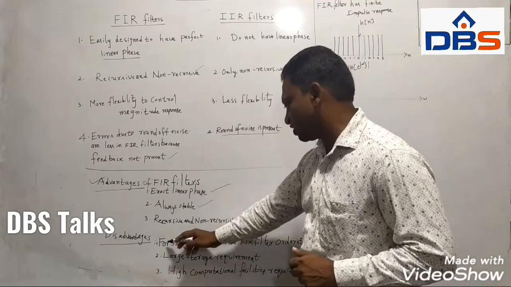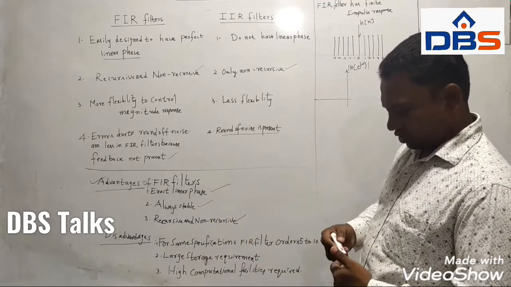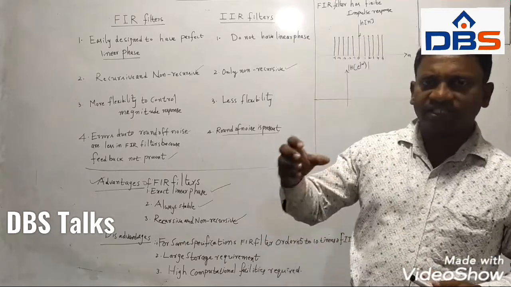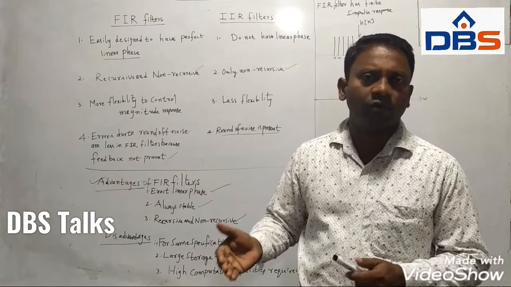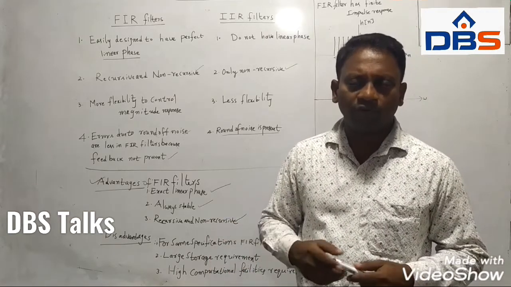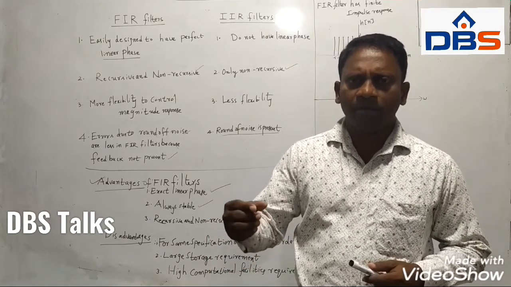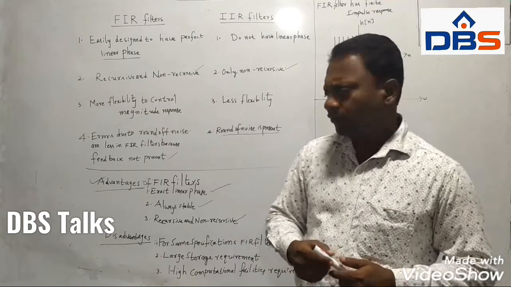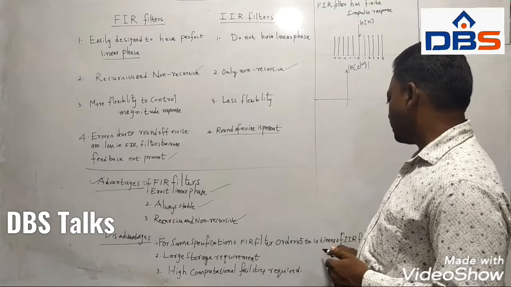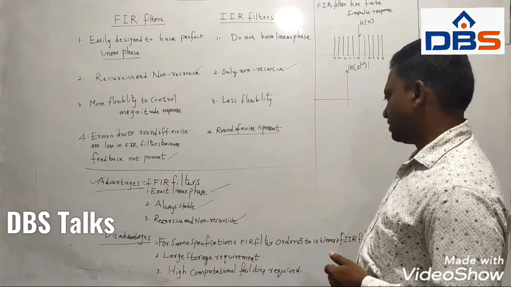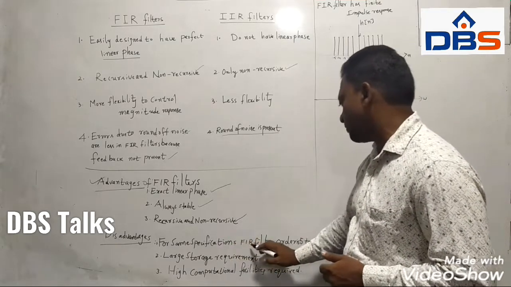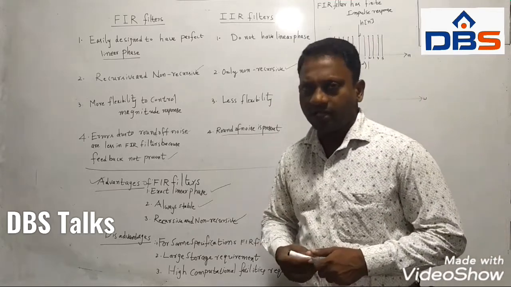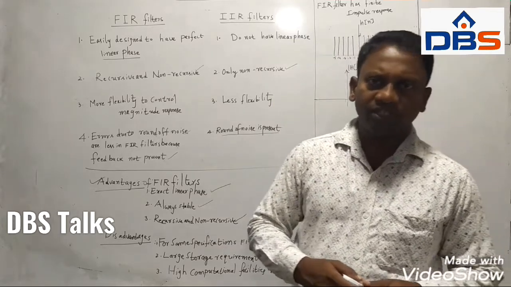Next, the disadvantages. Mainly, for the same given order, suppose n is equal to 4, a fourth order filter. If you want to design a fourth order FIR filter, what we need is 5 to 10 times the order of the IIR filter.